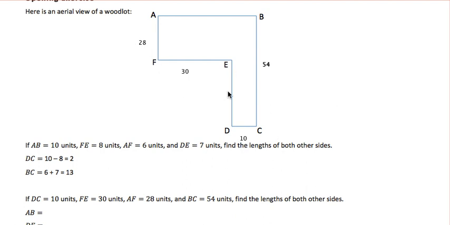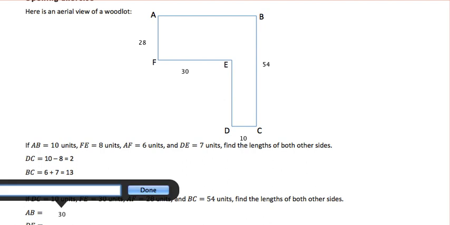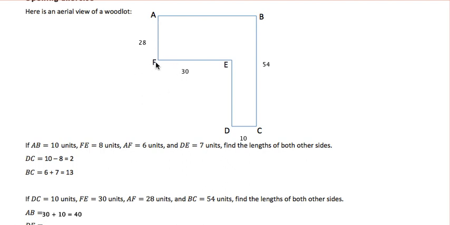So AB is going to be FE plus DC. AB is FE plus DC, 30 plus 10.